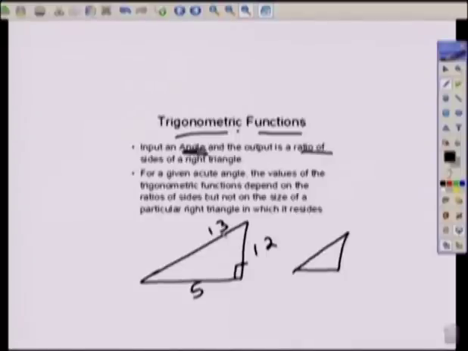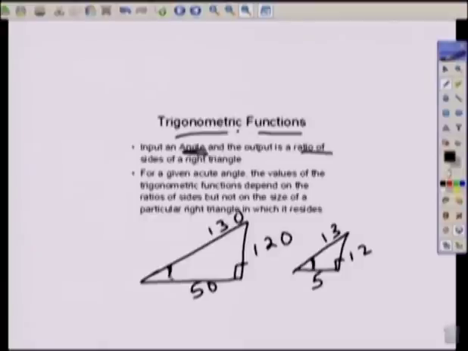Actually, I should work backwards here. Let's go 50, 130, and 120 there. And if I were to compare that to a 5, 12, 13, this angle here and this angle here, they are the same. And the ratio that corresponds to each of these angles will be the same in both triangles.